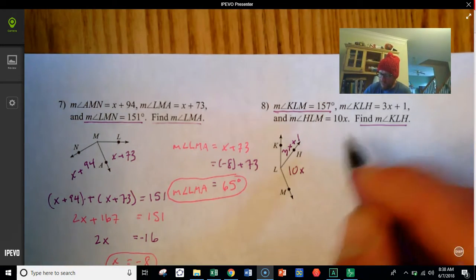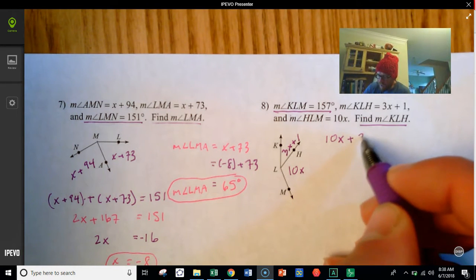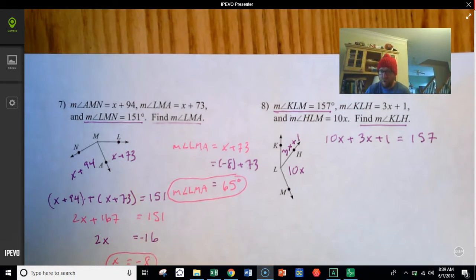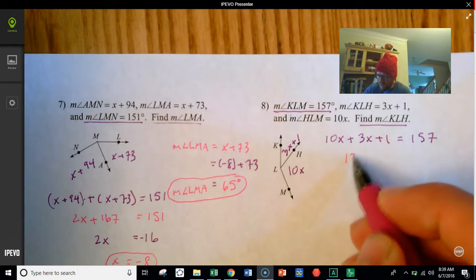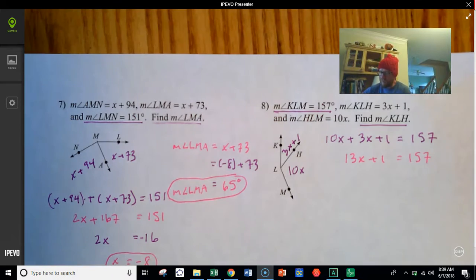So we end up with 10x plus 3x plus 1 equals 157. We'll combine like terms here. We get 13x plus 1 equals 157.